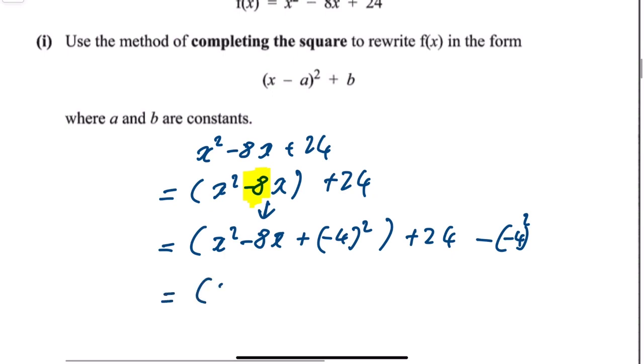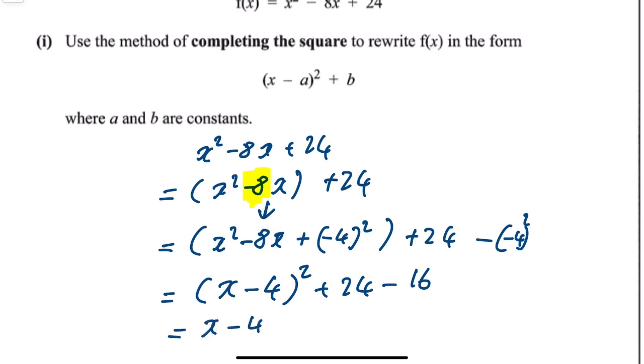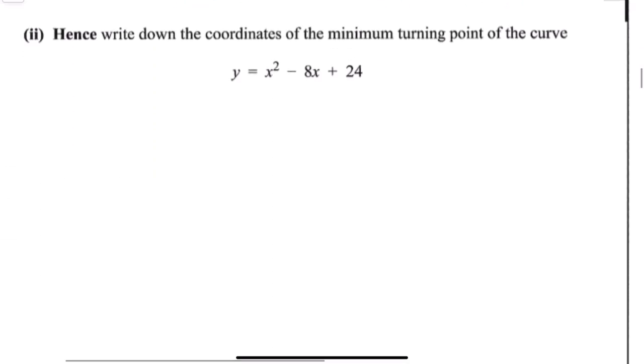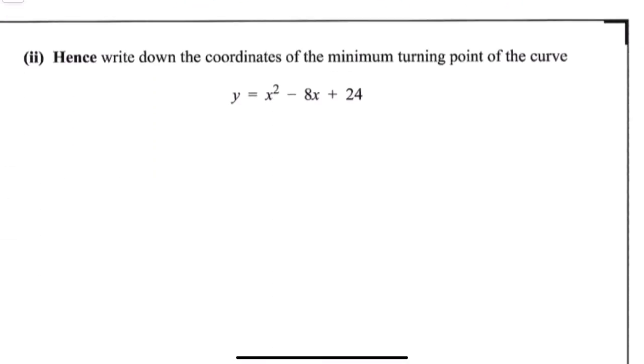Tidy this up. This whole bracket would just be reduced to x minus 4 all squared, and then over here you've got plus 24, then minus 4 squared, which is 16. So it just becomes x minus 4 all squared plus 8. It says, hence write down the coordinates of the minimum turning point. Remember, we've just said that we can write this as x minus 4 all squared plus 8.